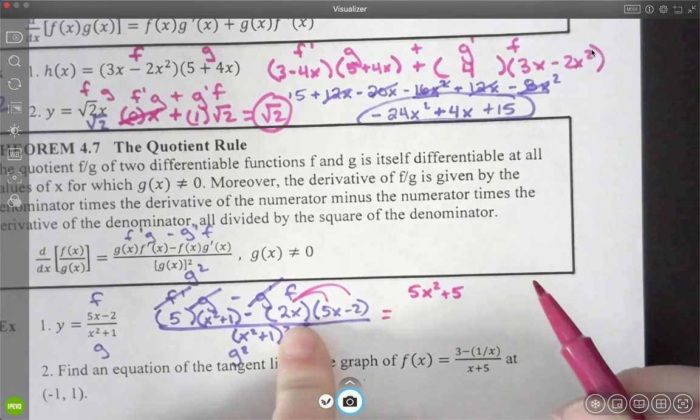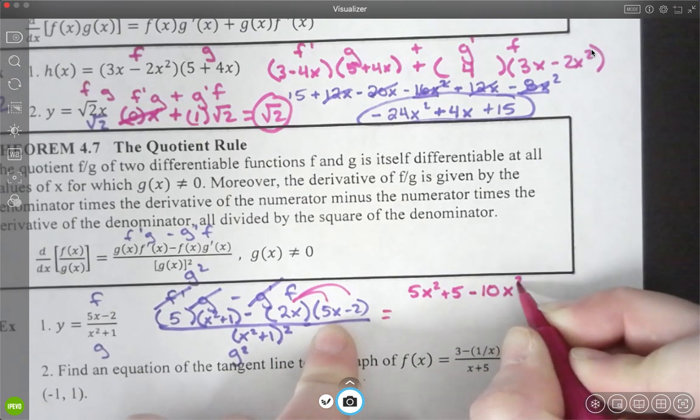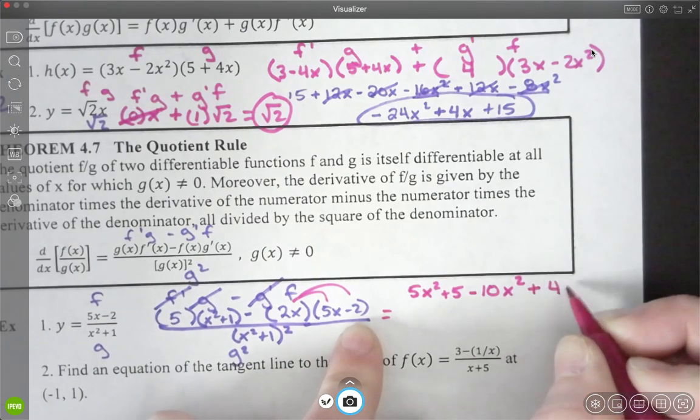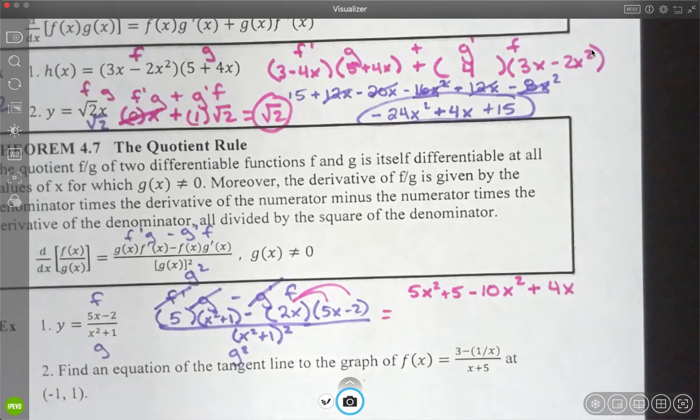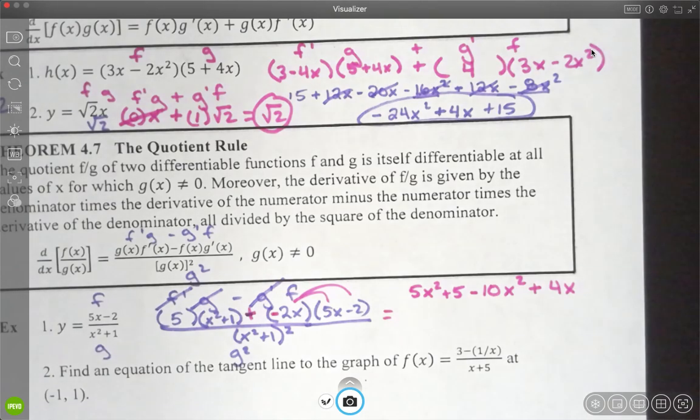So negative 2x times 5 will be negative 10x squared, okay, plus 4x. Does that make sense? If it helps you to think of it this way, do plus negative, right? That negative is going with the 2x, right? Okay, don't forget to do that, because that's where you get stuck.